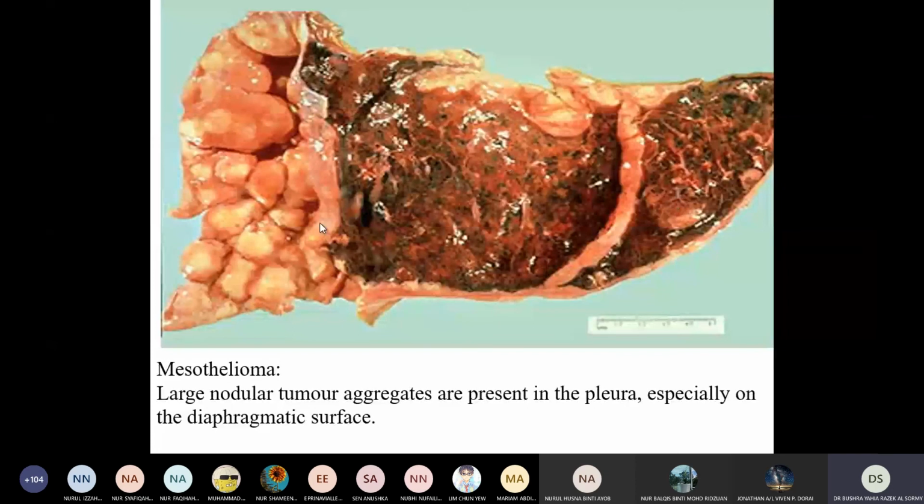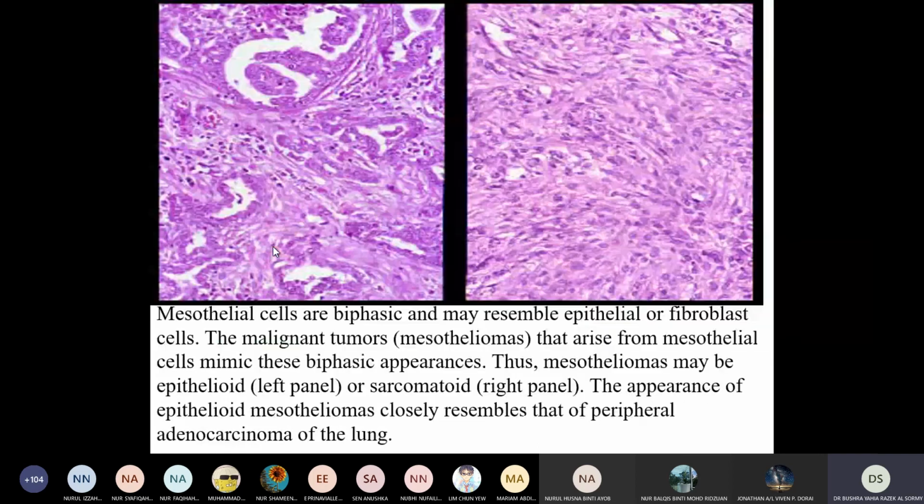But if the tumor is primary from the pleura, this favors mesothelioma. Also, if it covers most of the pleura, that means mesothelioma. Plus, sometimes they give a sarcomatoid appearance, which is not present in adenocarcinoma.